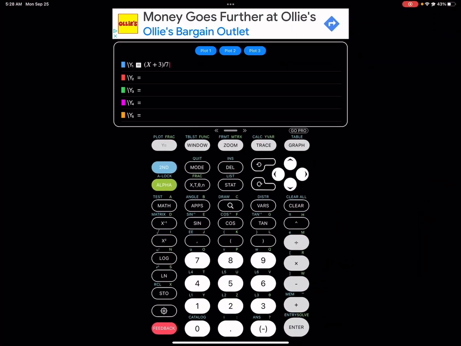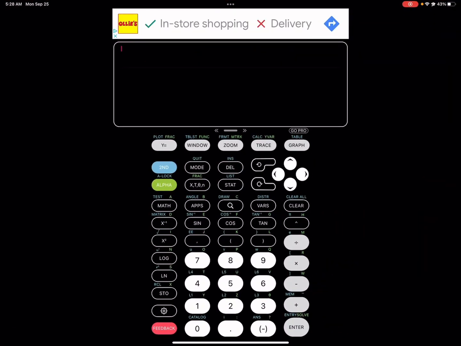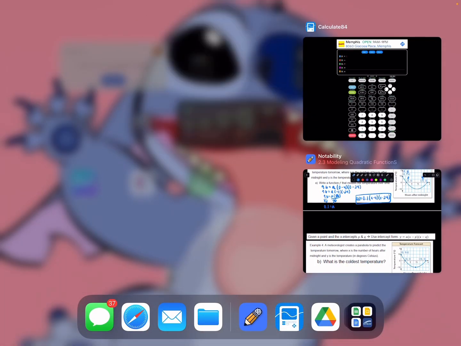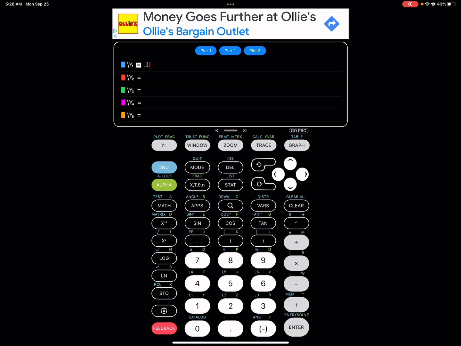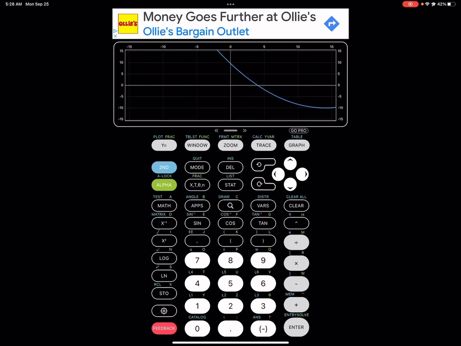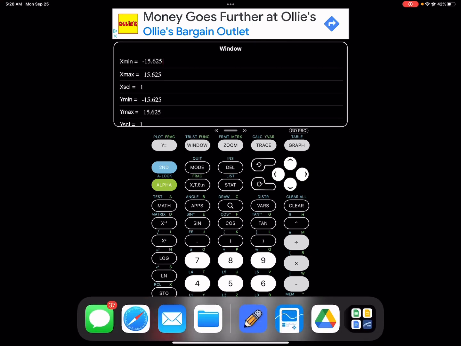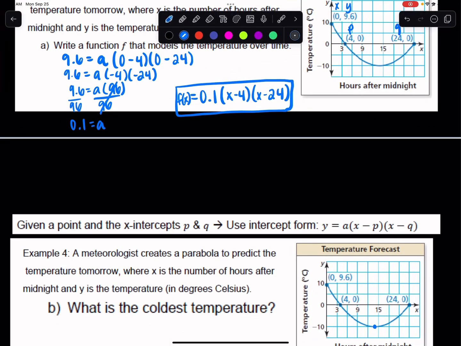So in my calculator, y equals, let's clear that out. I've got 0.1 times x minus 4 times x minus 24. I'm going to graph it. I'm going to move my window. I want my window to kind of match what I have here.